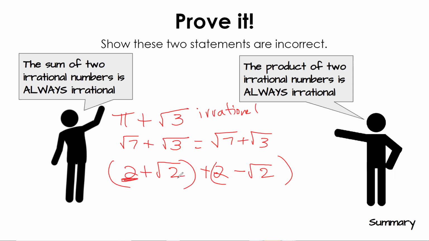So for instance, I could combine this 2 and 2. What does that give me? 2 plus 2 is 4. Now, we've got the square root of 2, and then we've got this negative square root of 2. So there's a 1 out here, right? And there's a 1 out here. What's 1 minus 1? So these guys cancel. So this gives me a 4. It gives me a positive number. This is rational.